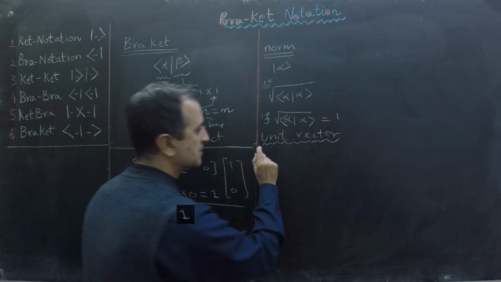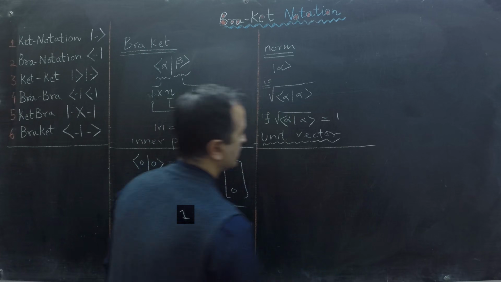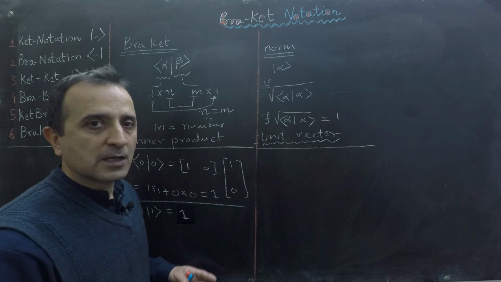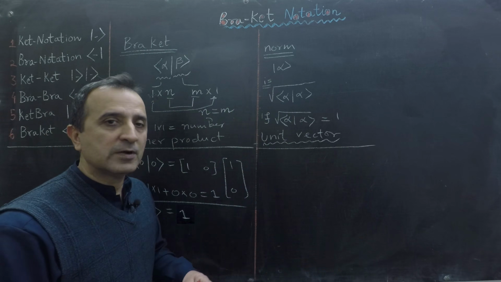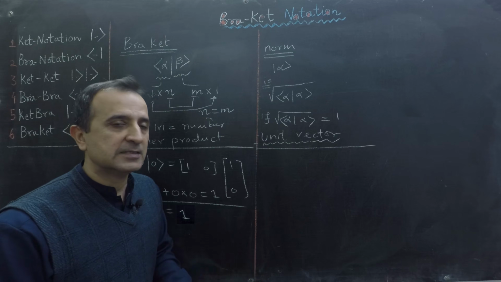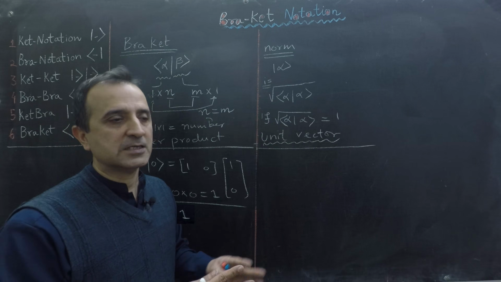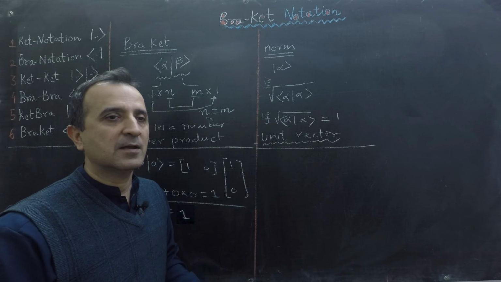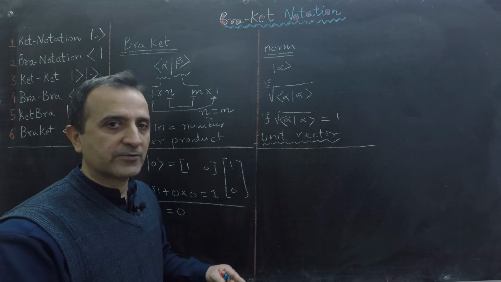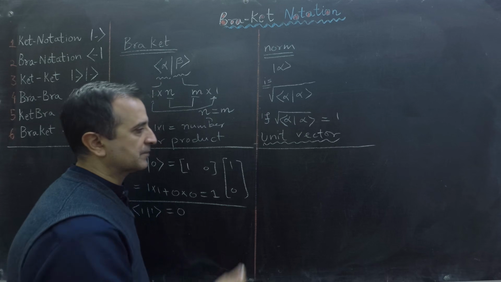In contrast, when the inner product of two different vectors is equal to 0, then those vectors are orthogonal to each other. That means they make a 90 degree, a right angle, with each other.